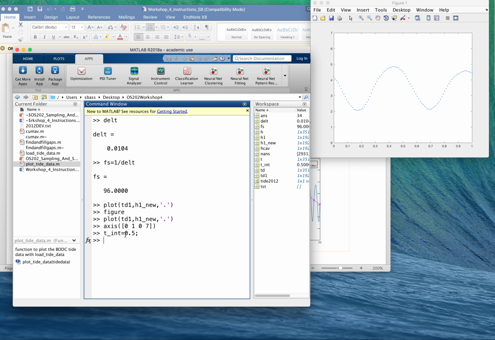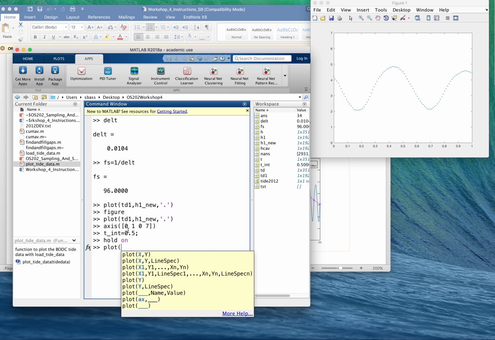So we can just plot it actually. If I hold that figure and then we plot on top of that, we want to pick out those data points that are occurring at half-day intervals.